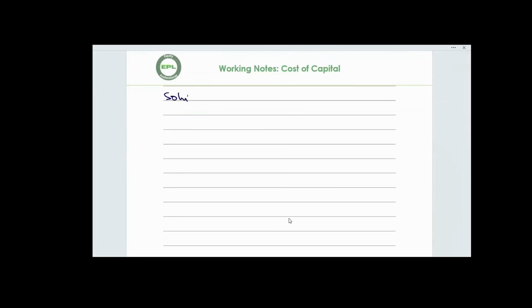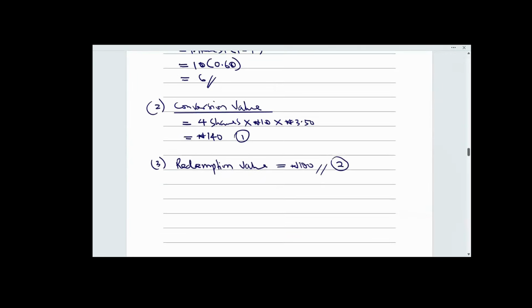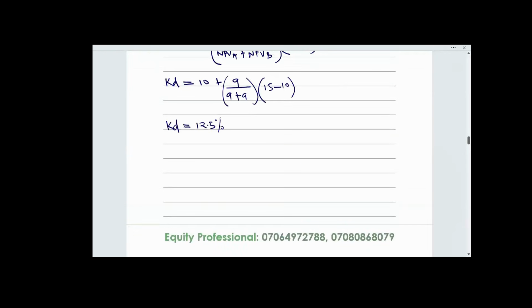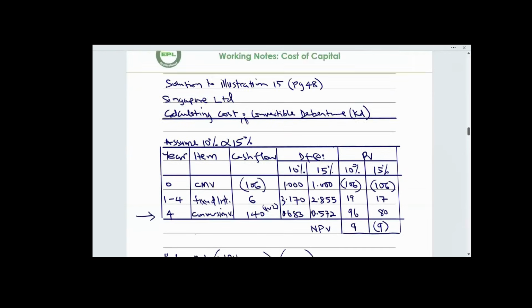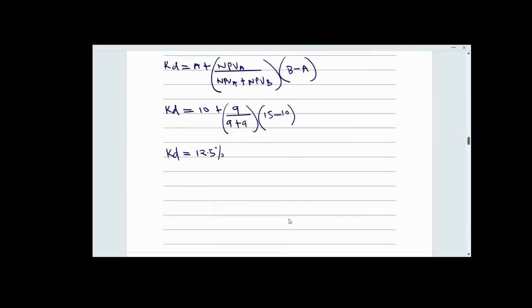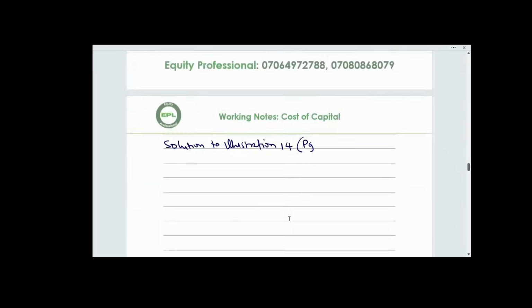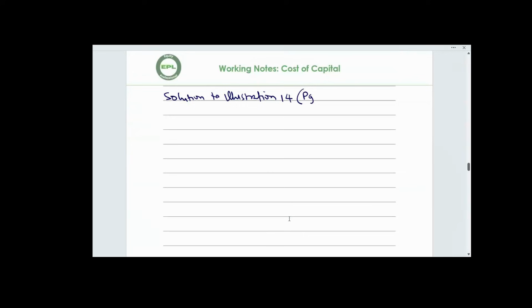Solution to illustration 14. Still on the same page. Page 48.